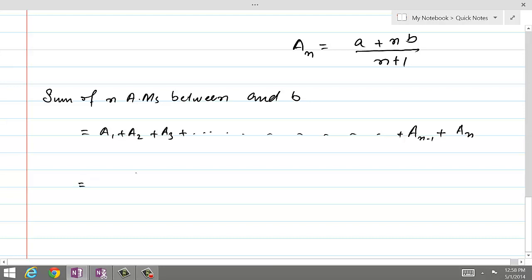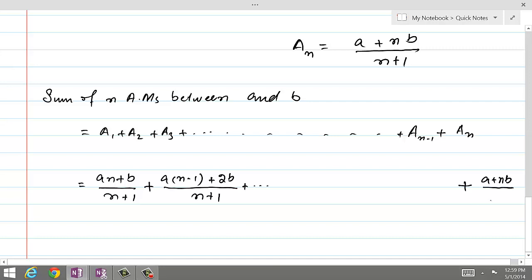The first value, a1, is (an plus b) over n plus 1, and then the value for a2, the second arithmetic mean, was (a into n minus 1 plus 2b) over n plus 1, and similarly if we continue, the last value for an that we have calculated is (a plus nb) over n plus 1.